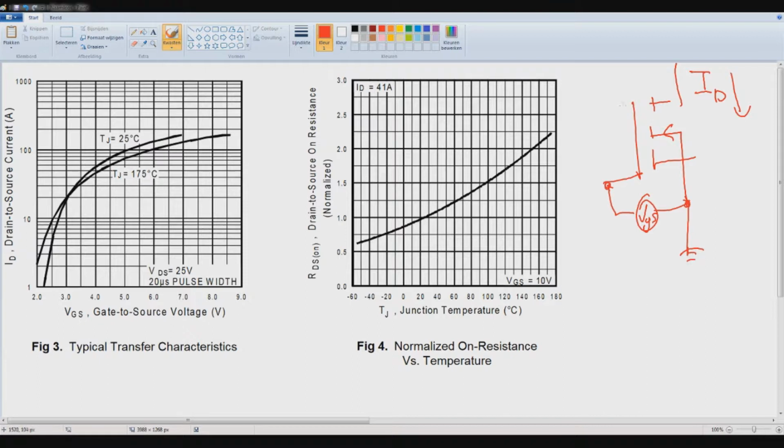So if this is ground, we apply a voltage of 25 volts, same pulse width, and what we see here is the two different junction temperatures.